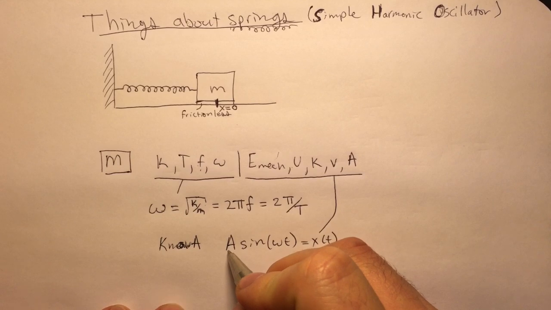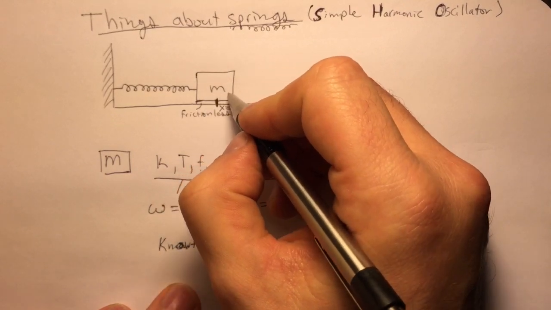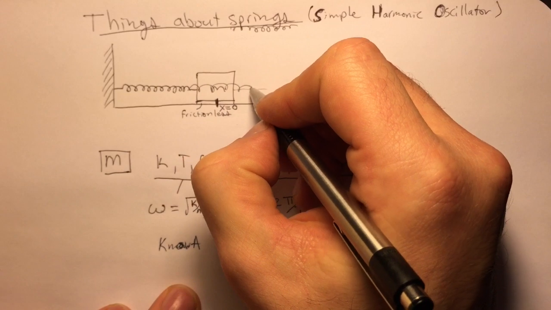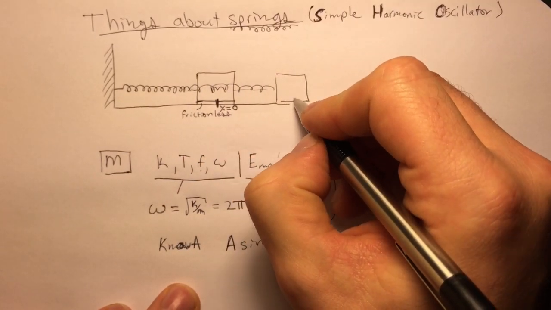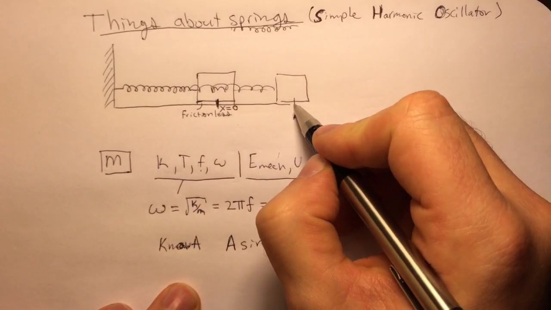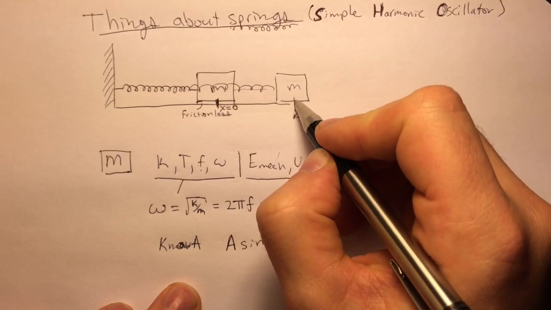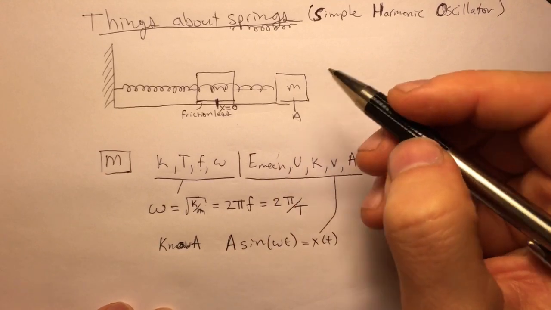But if you know this amplitude, it means A is the position when the mass goes the furthest it can go. The spring stretches and the mass goes over here, and A is the position from x equals 0 to its furthest point. And right here it'll start turning around and going back because of the restoring force.